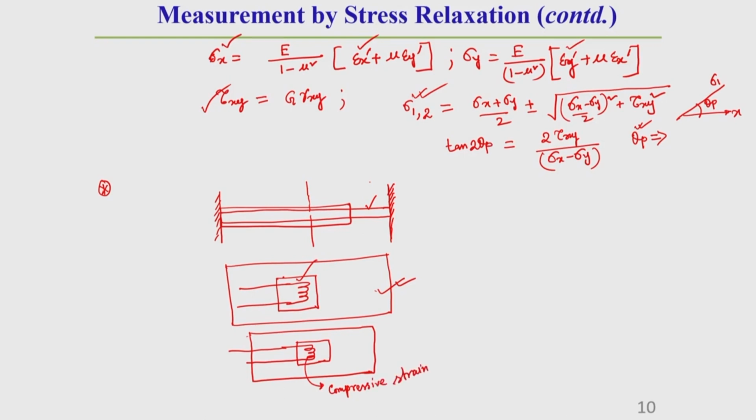This you should keep in mind. But actually, in this structure, as it was in the elongated condition at that time, what type of stress was there? There was tensile stress, correct.